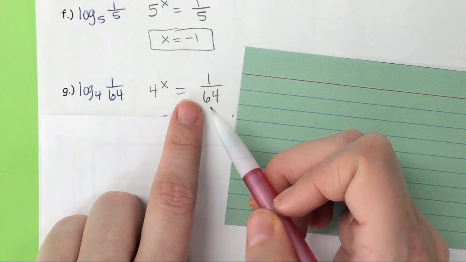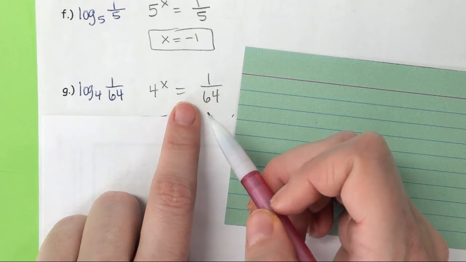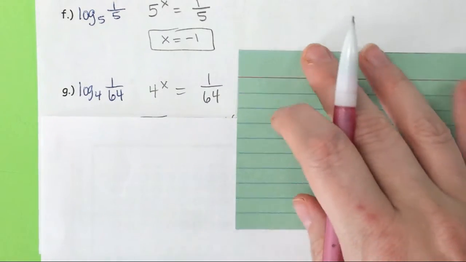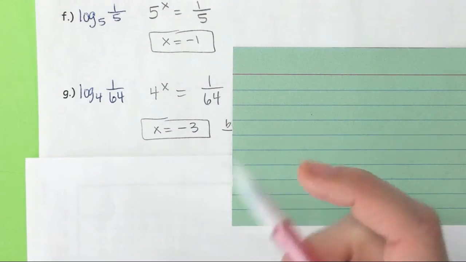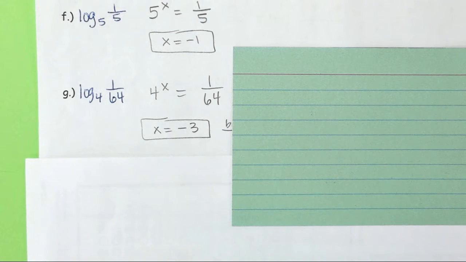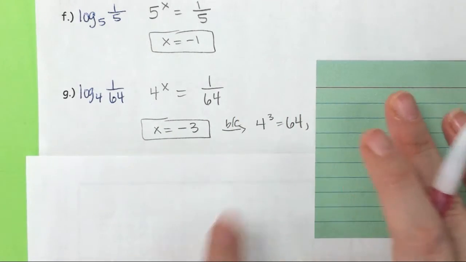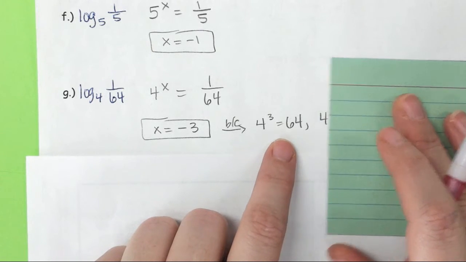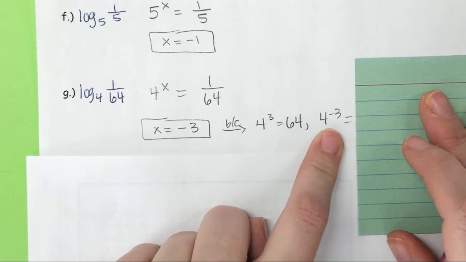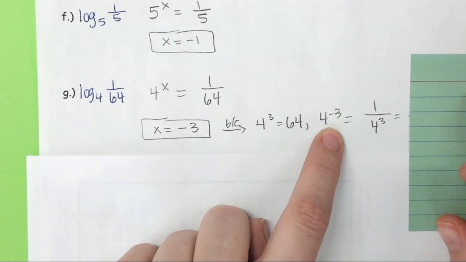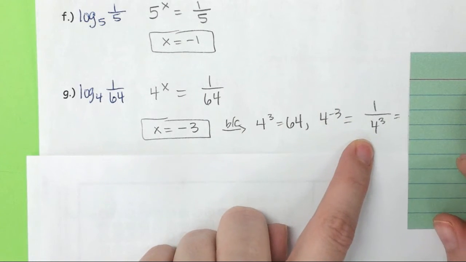What kind of number? Yeah, so anytime we have a negative, we'll put the 1 over it. So you said that it was going to be 3. So x is going to be -3. So let's go over why. Because 4 cubed is going to be 64. So if we have 4 to the -3, that becomes 1 over 4 cubed.